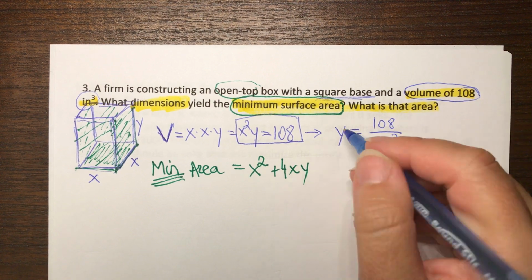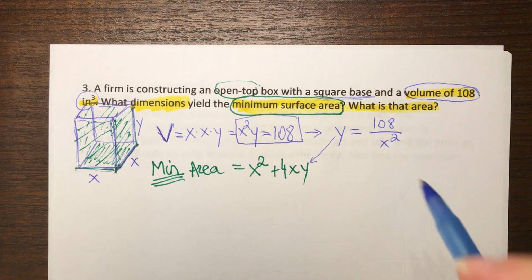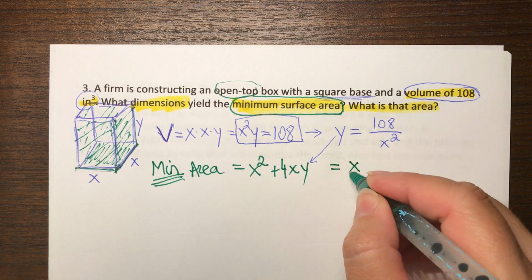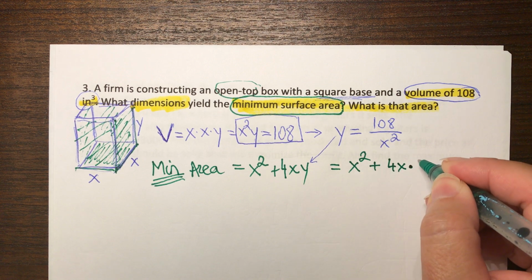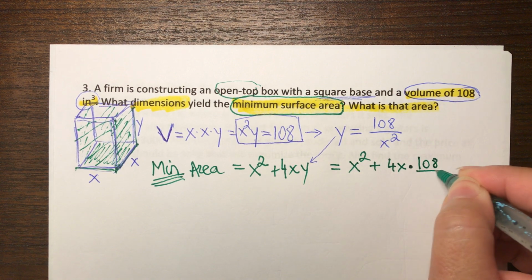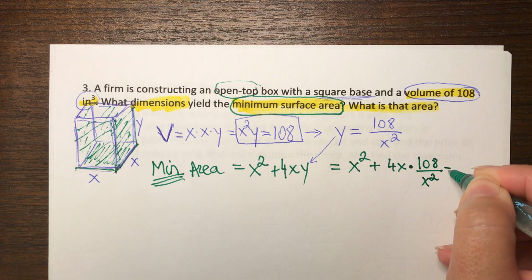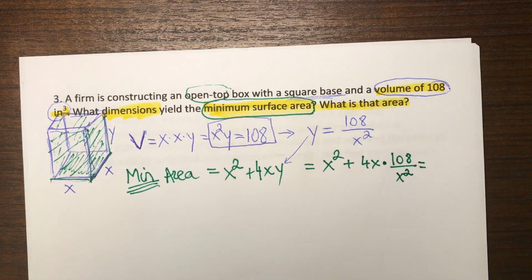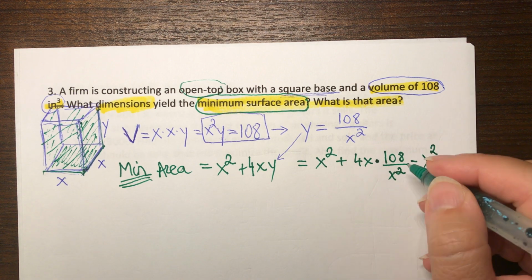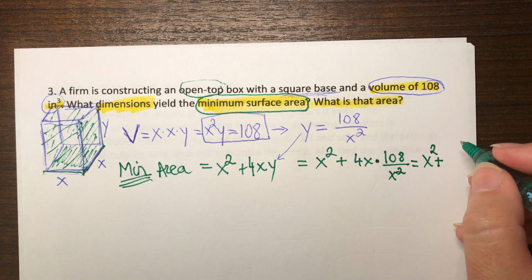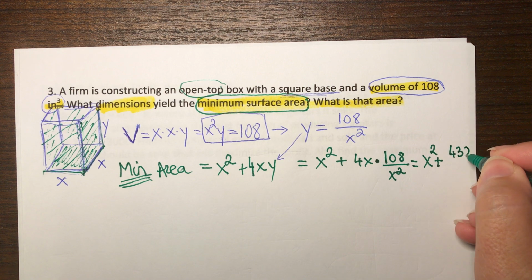Okay, and what do I do with this y? I plug it in here. So instead of y, I'm going to write 108 over x squared. All right, so put this together. It's going to get me an x squared plus 108 times 4 is 432.